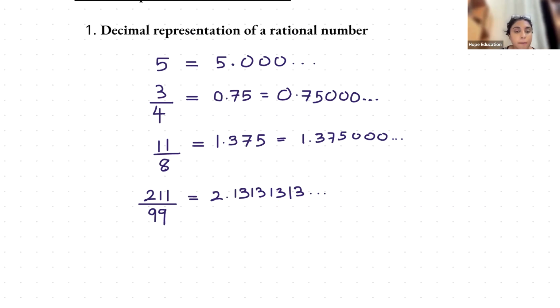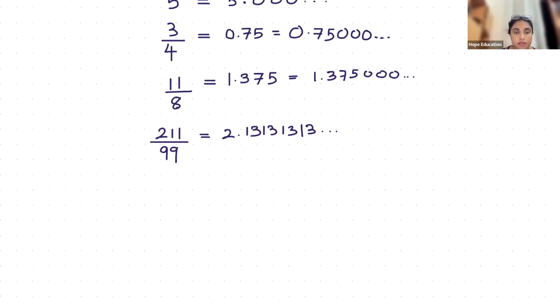Let's take another example. Look at this. Again from the textbook, 767 divided by 150. So you get 5.113333 and so on.